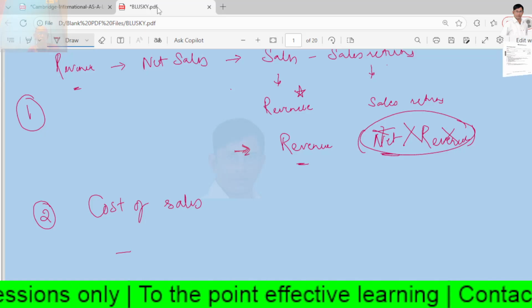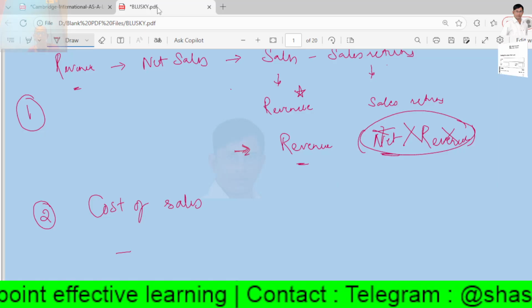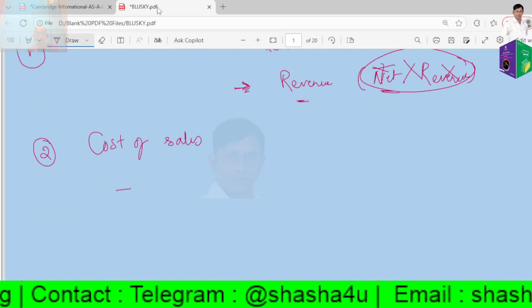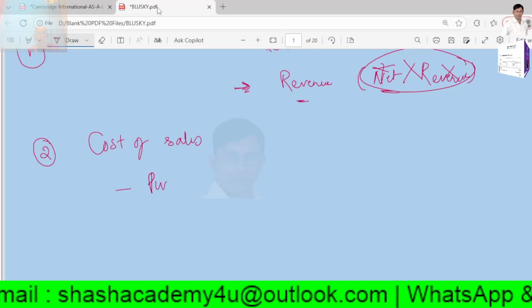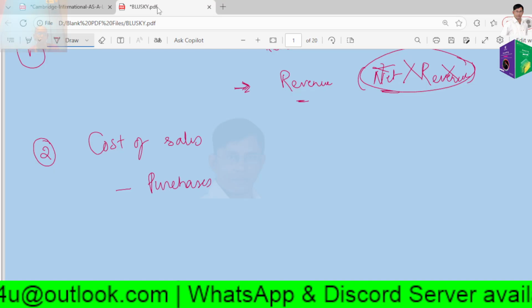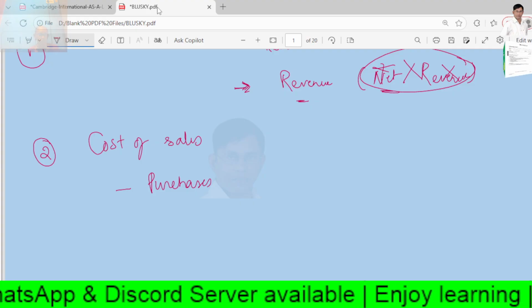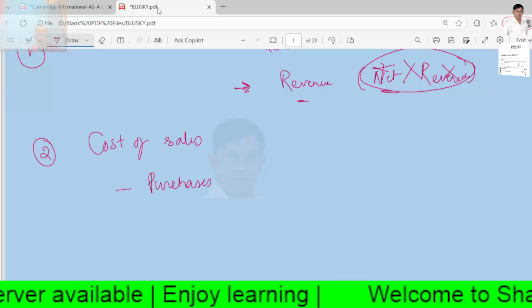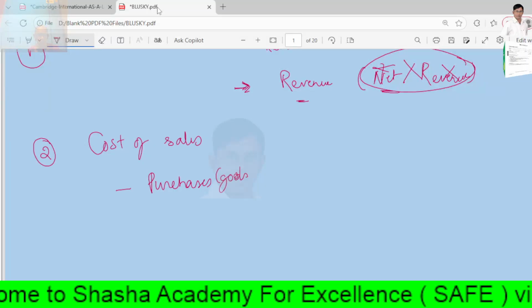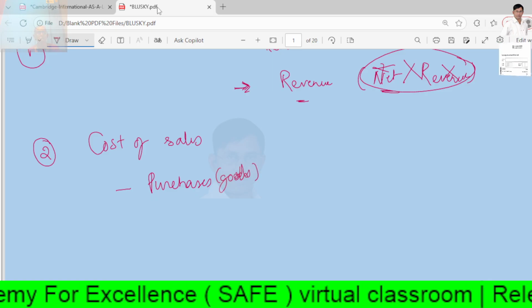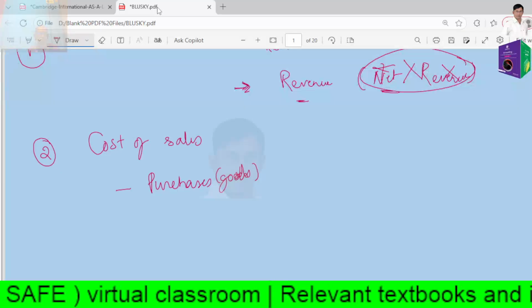So what all is included here? Purchases. You would have purchased merchandise, that is goods only. So only goods.